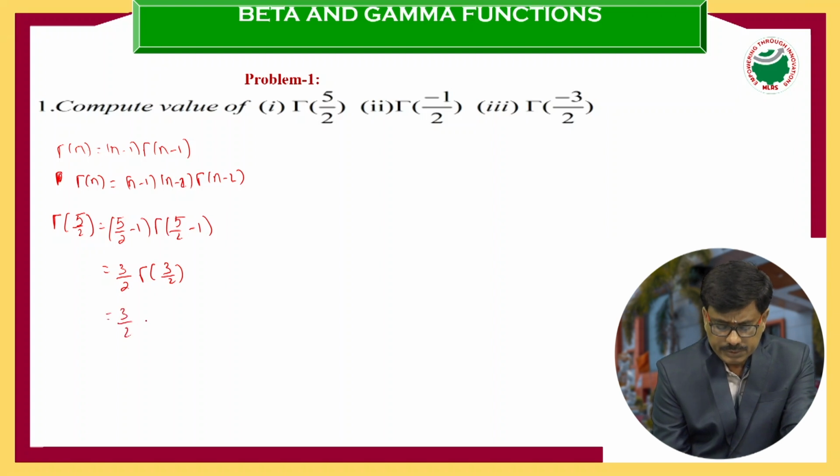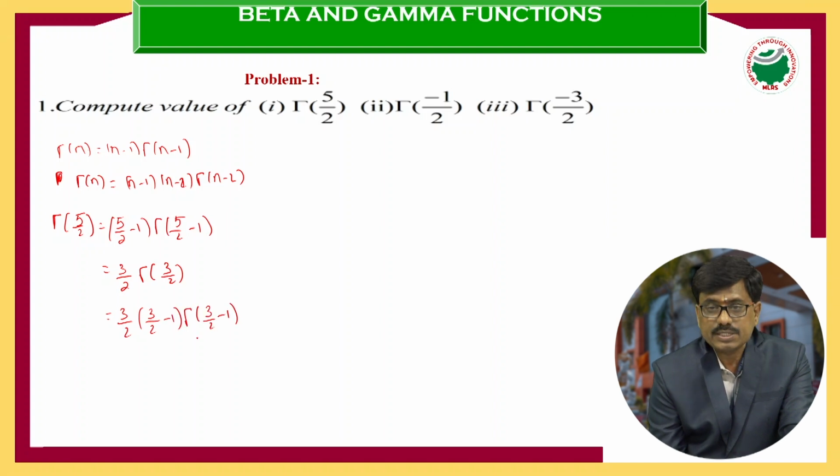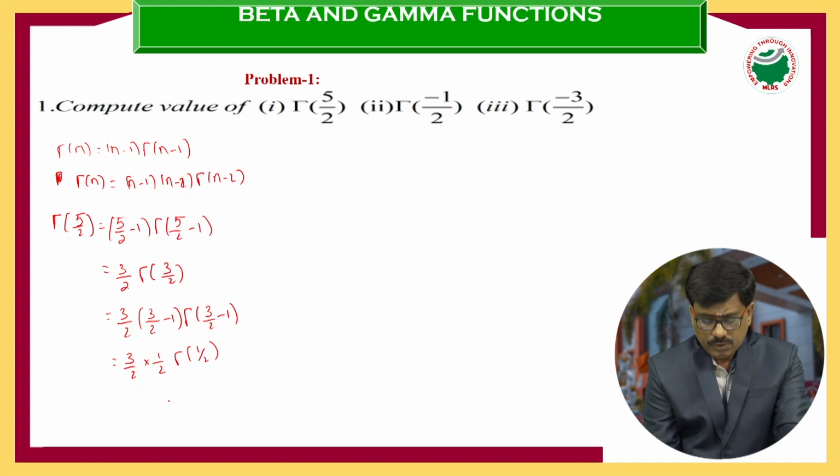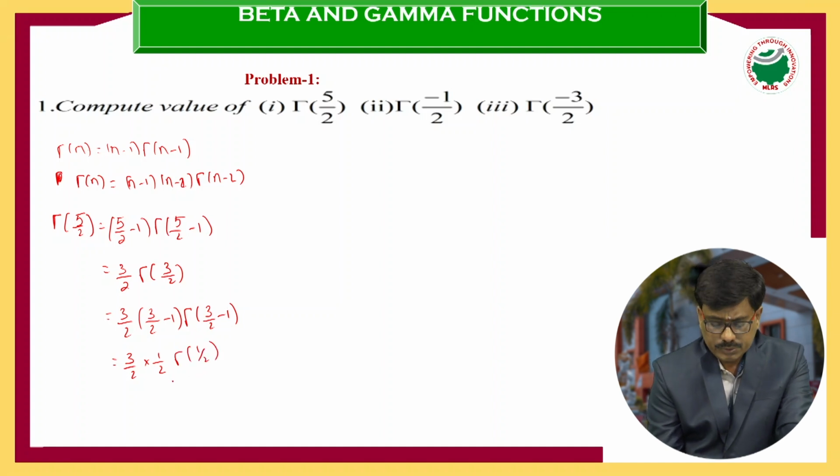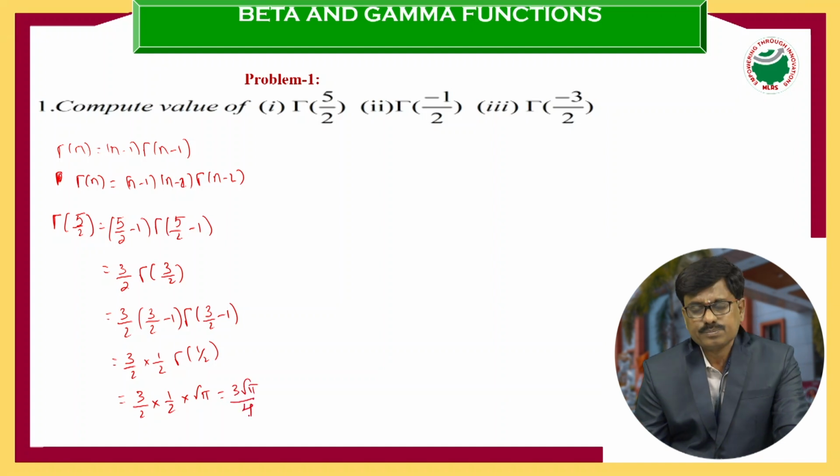Therefore, 3 by 2 minus 1 into gamma of 3 by 2 minus 1. Therefore, 3 by 2 into, if I simplify, 1 by 2 gamma of 1 by 2. We already know gamma of 1 by 2 equals root pi. Therefore, 3 by 2 into 1 by 2 into root pi, which is 3 root pi by 4.